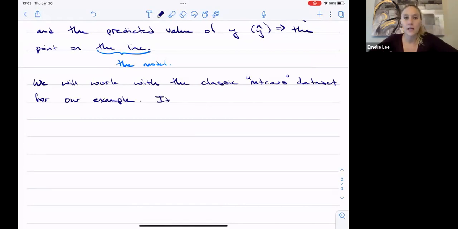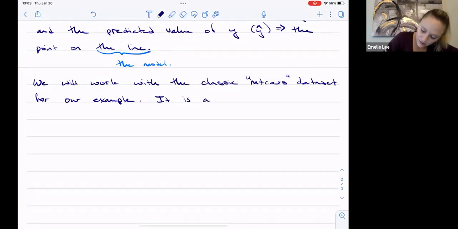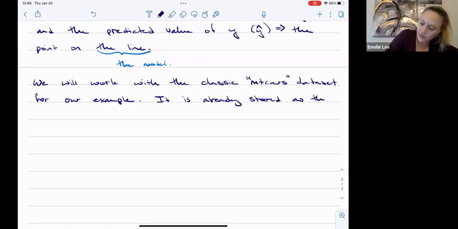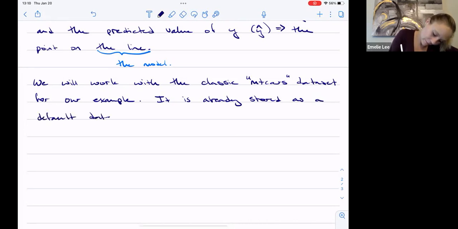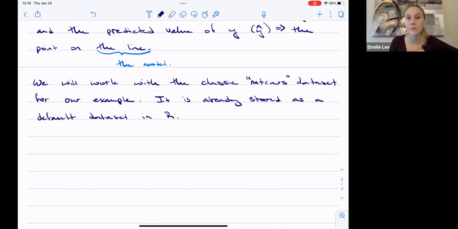It is already stored in the default data sets for R, right? So it is already stored as a default data set in R. Just type mtcars.